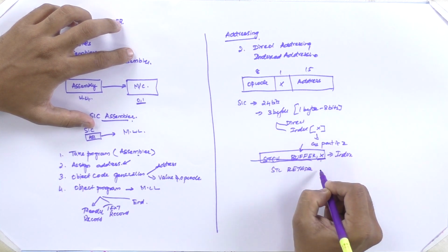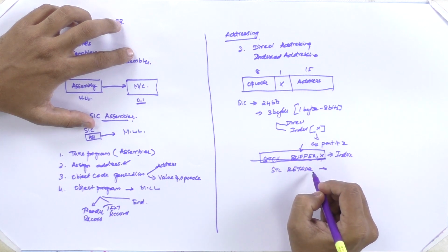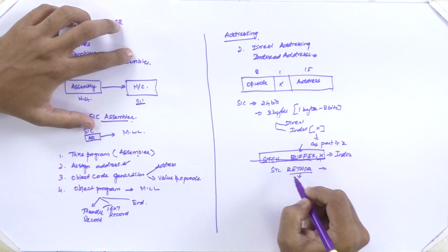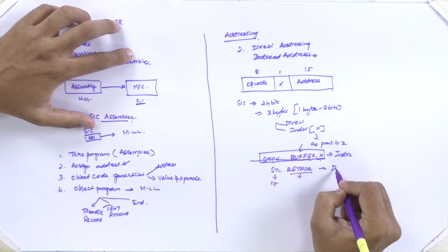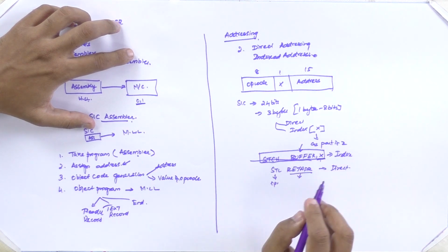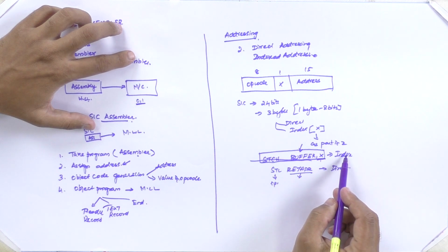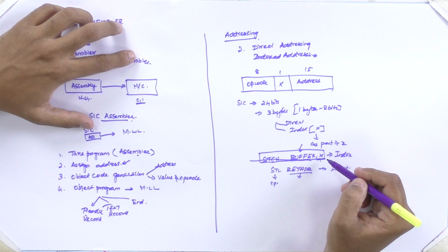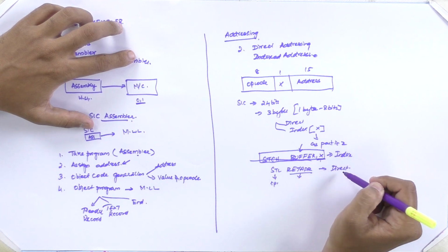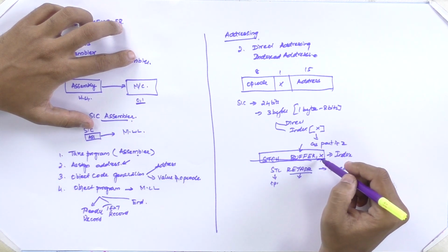In this instruction you don't have X as a part of your instruction. Here this is the label field and this is the opcode field. You have an opcode and a label, and this is direct addressing. So two types of addressing mode: index addressing mode is represented by the value of X, and in direct addressing mode there will be no X.